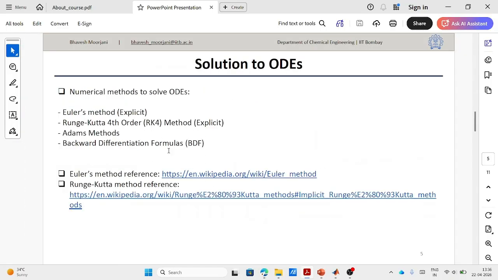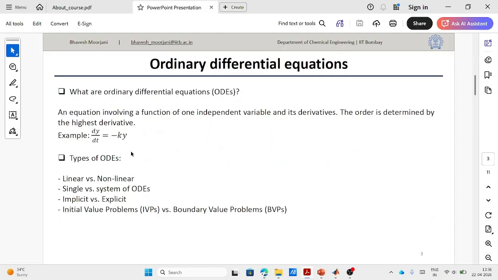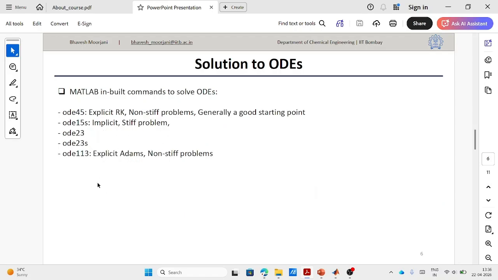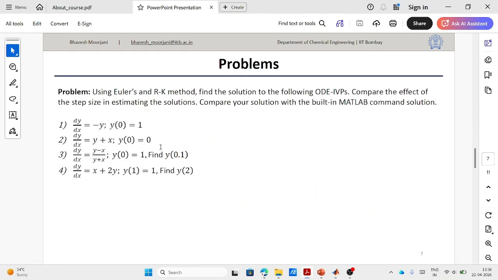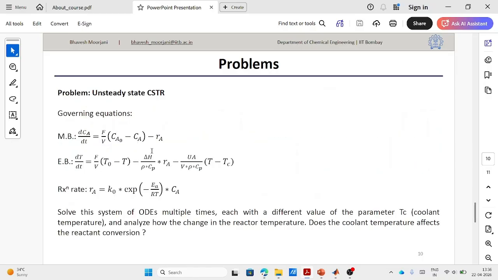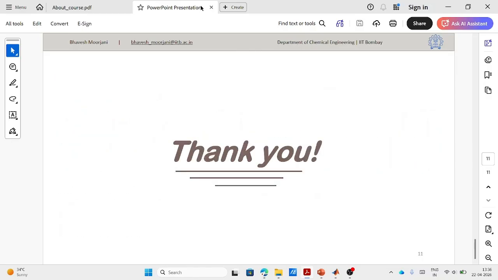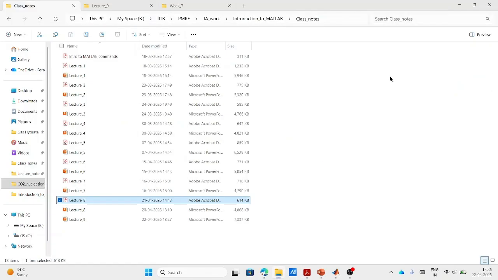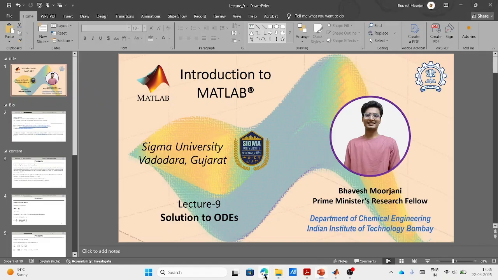So if you recall, the last lecture was about this only: we learned the different types of ODE, the basic methods that are available, the different solver options which we have in MATLAB, and then we looked at the example of an unsteady state CSTR, right? Now we will continue this in today's class, where we will look at some more examples which involve ordinary differential equations in their model, right?